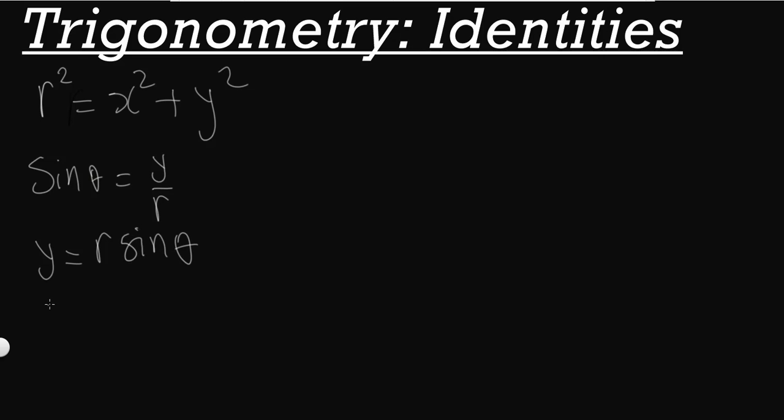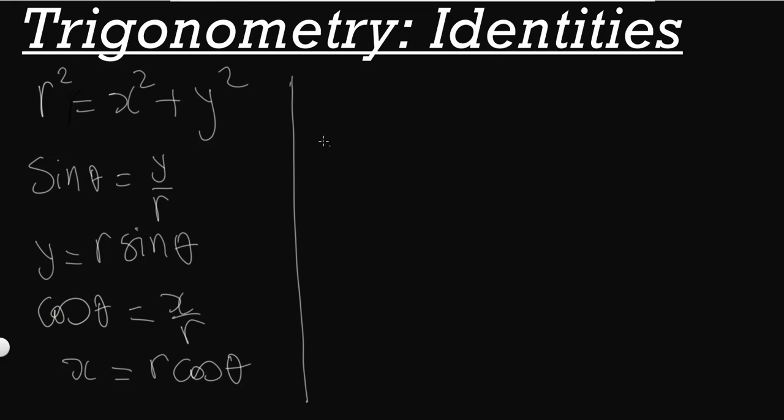And cos theta will give us x over r. So if we multiply both sides by r, we have x equal to r cos theta. So now, if we replace them in this formula, what is going to happen?